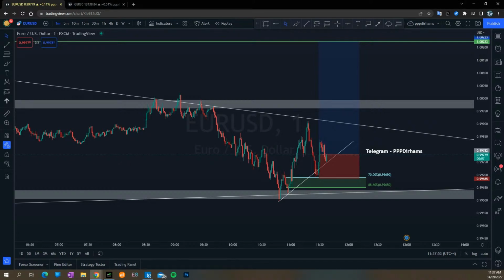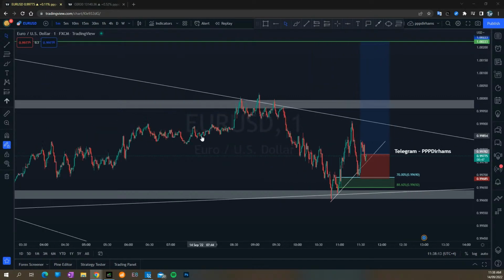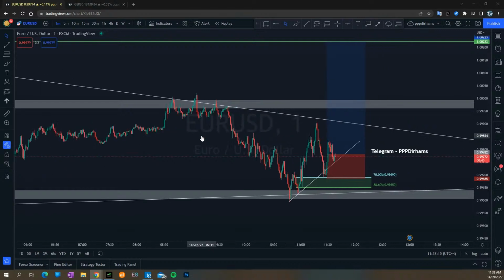Euro USD move is going to be great today. Some of you, if you've seen how Euro USD moves, you're going to be amazed and dazzled. When Euro USD wants to move, I just love seeing it. I wish I could show you guys. It doesn't care about anything. It just keeps moving down.